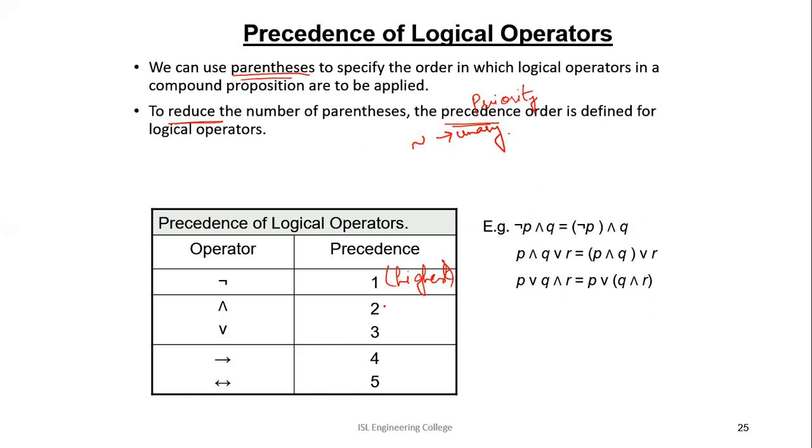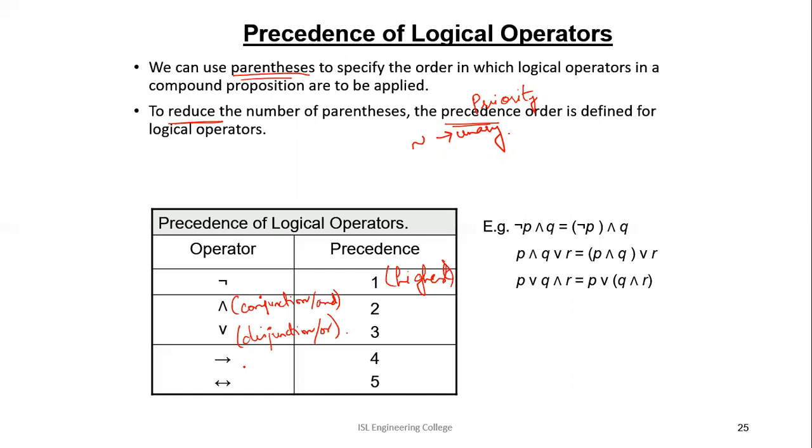So conjunction, that is and, takes the second priority, and it takes higher priority over disjunction, that is or. And the next, also conditional or implication has a higher priority over biconditional or bi-implication.